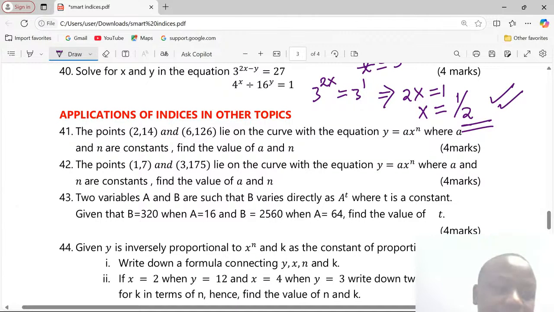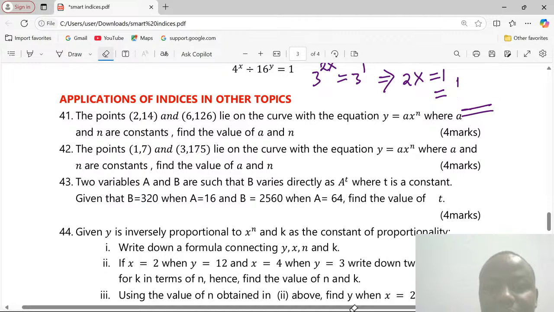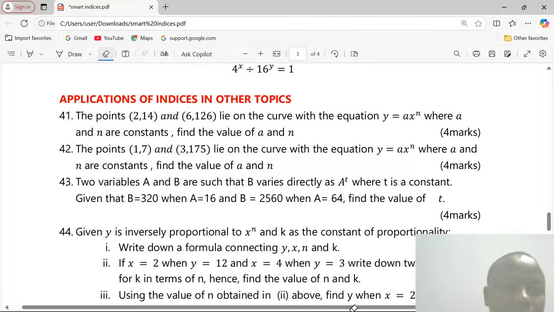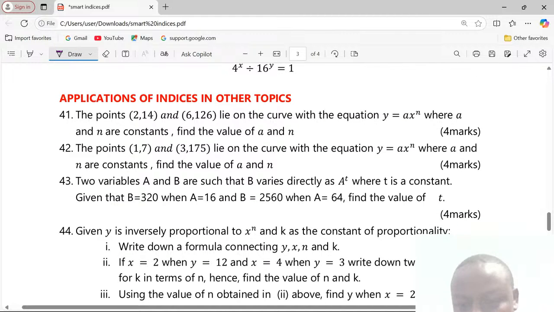Okay, we have the application of indices in other topics. This one is something unavoidable. Apart from working out indices in numerical cases, in algebra, in equations, we're supposed to know that indices can be applied in other topics.